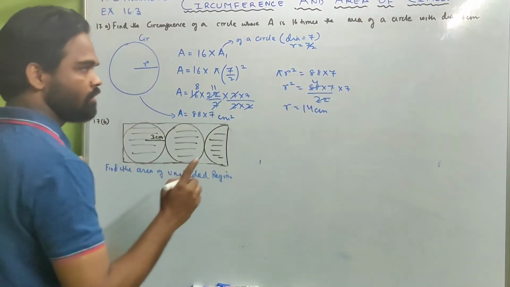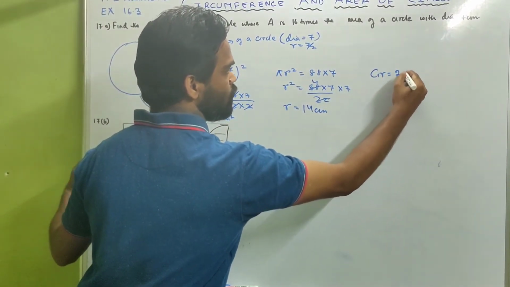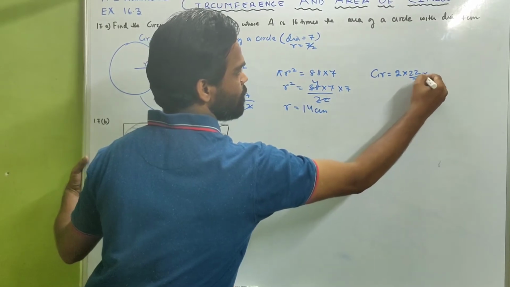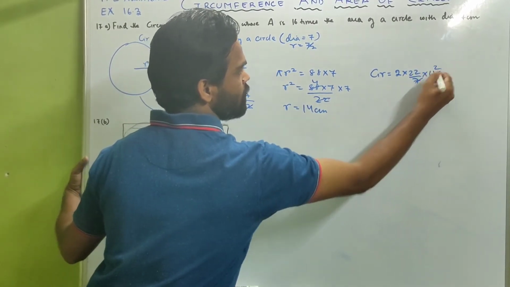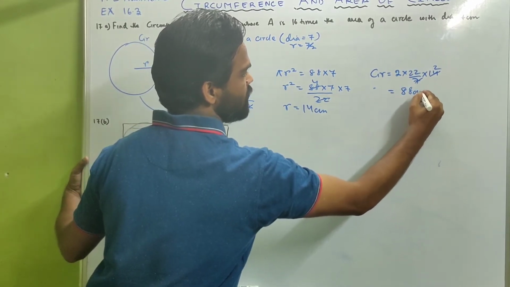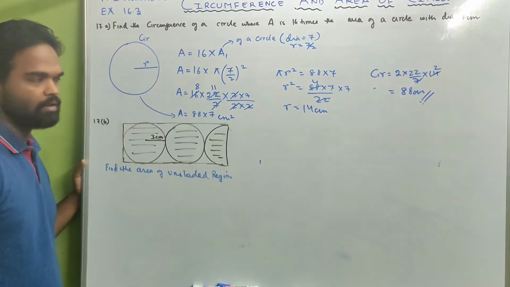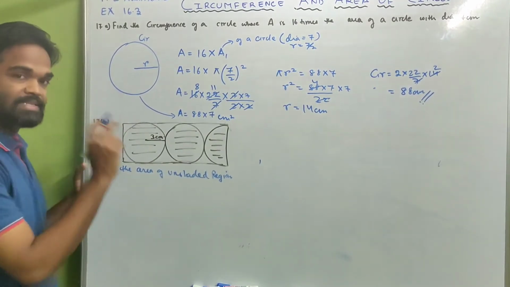Once you get r, then the circumference is very easy. Circumference will be 2 pi r, isn't it? So your circumference will be 88 centimeter. Done. Pretty easy. Okay.